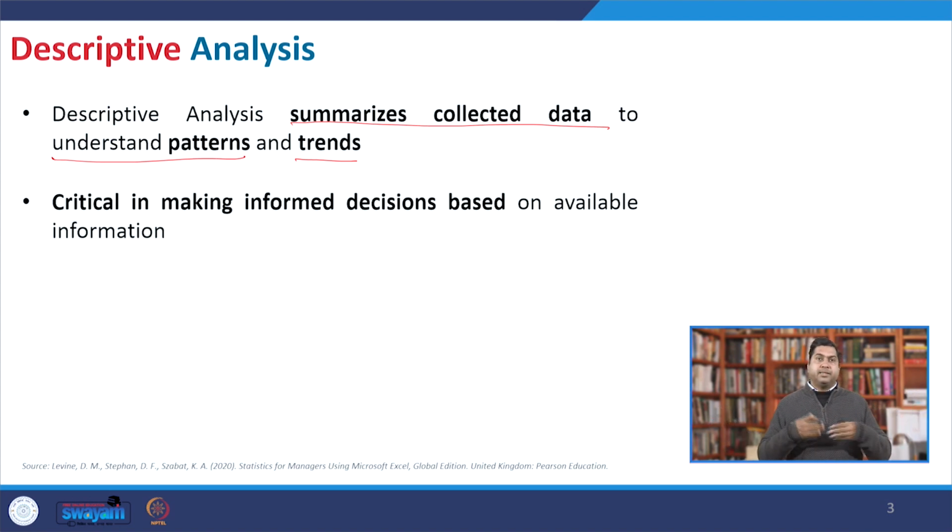Depending on your research and the variables you have measured, you can take up a certain kind of representation and identify those descriptive statistics measures to get a first hand idea. It is very critical in making informed decisions based on available information, right.